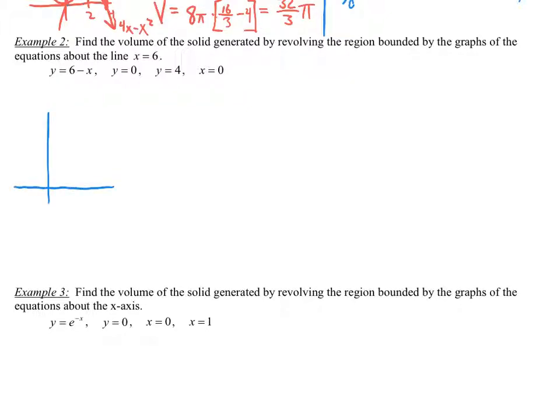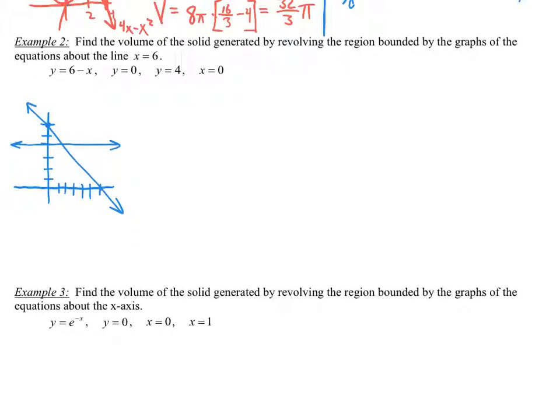We have y equals 6 minus x. So here's the line that we're dealing with. y equals 0, so there's the x-axis. y equals 4: 1, 2, 3, 4. And x equals 0.